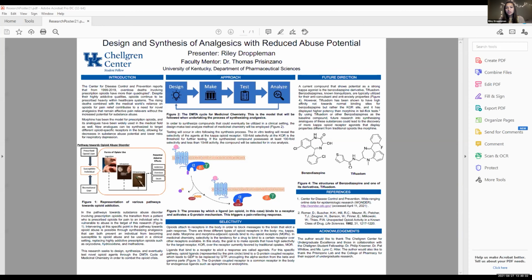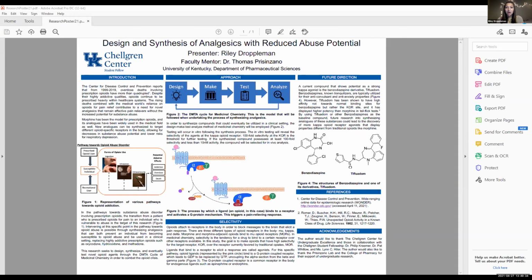So in order to make these kappa opioid agonists, the way that we approach it is with the DMTA cycle, which is design, make, test, and analyze. So we're going to try to make schemes that create these kappa opioid receptor agonists, and then we'll be in the lab actually making these compounds, testing them in vitro, and trying to see if they are in fact agonists at this particular site and if they're effective.